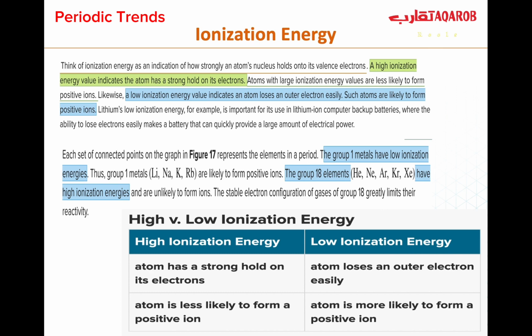The stable electron configuration of group 18 gases greatly limits their reactivity, as we said. So again, high ionization energy means the atom has a strong hold on its electrons and is unlikely to form a positive ion. Low ionization energy means the atom loses its outer electrons easily. The atom is more likely to form positive ions.